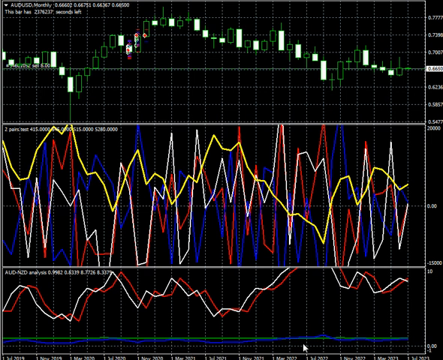I have a very strong signal here. This is the monthly chart, remember, from -9 to 6. That's $14,000 in a few months.